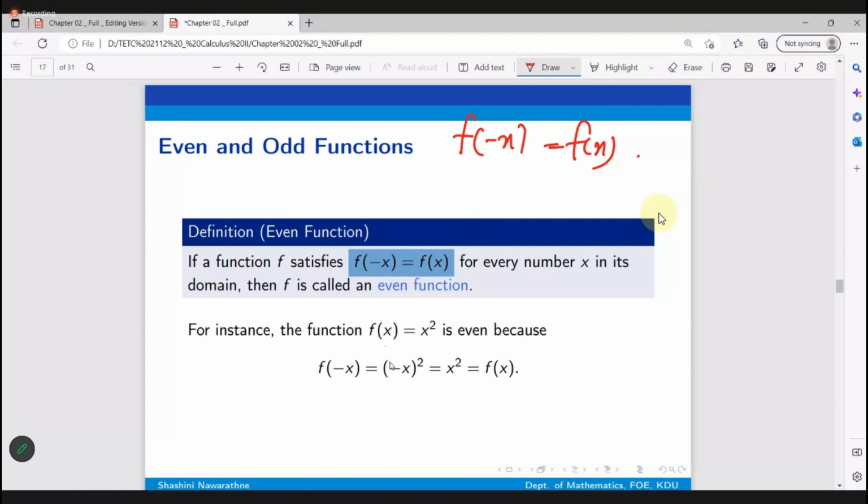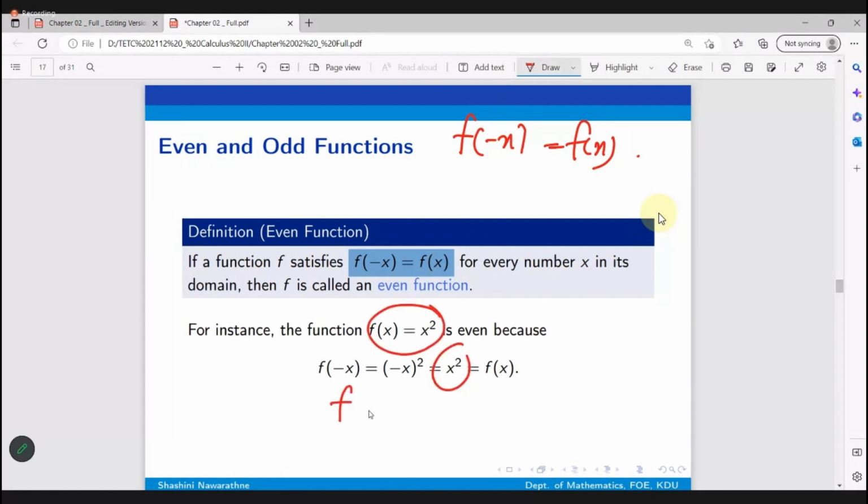As an example, if we consider f of x is equals to x to the power 2, then for f of minus x we have to replace all the x terms in that function by minus x. So that means minus x to the power 2. Minus x to the power 2 is also x to the power 2. So that is equal to our original function.